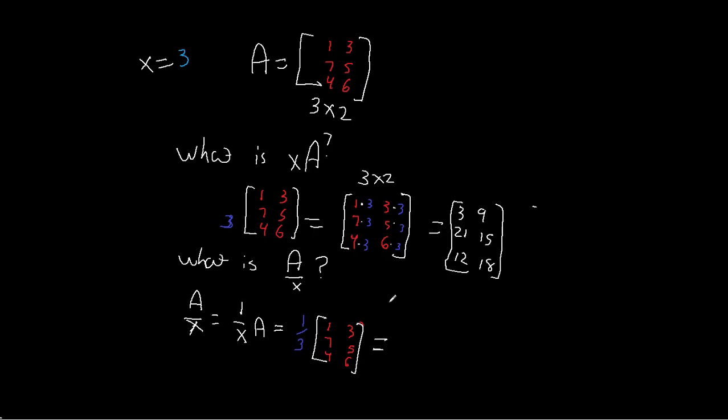Hopefully that makes sense. So now we do the exact same thing we did before. But this time, we're multiplying by a fraction instead of a number greater than 1. It doesn't change anything. We're still going to have a 3 by 2 output.